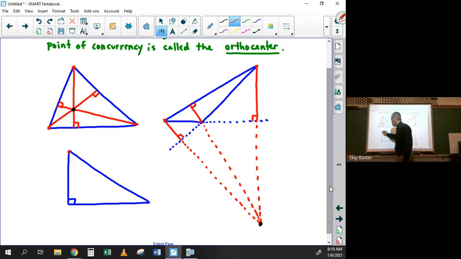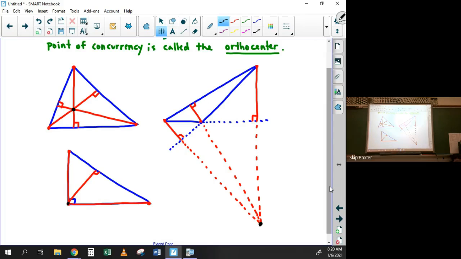Because this altitude, good job by the way, goes from here straight down to there, perpendicularly. This altitude goes from here straight down to there, perpendicularly. You can see where they intersect, right at the right angle. That third altitude goes from the right angle over to this side, but definitely their point of intersection is right at that right angle vertex. Does that make sense, that it should be that way?